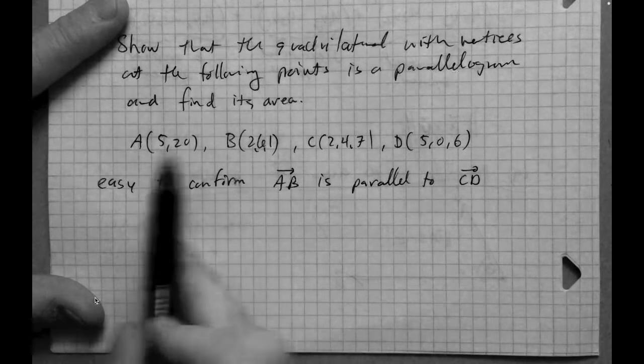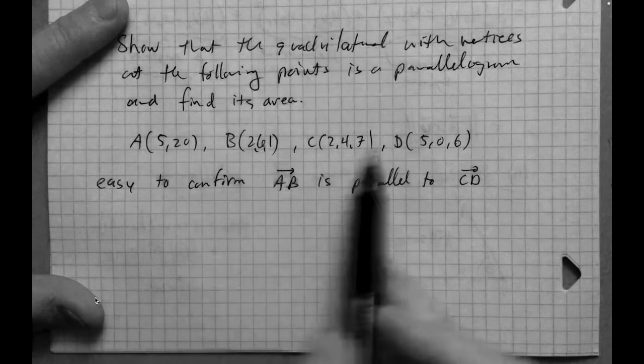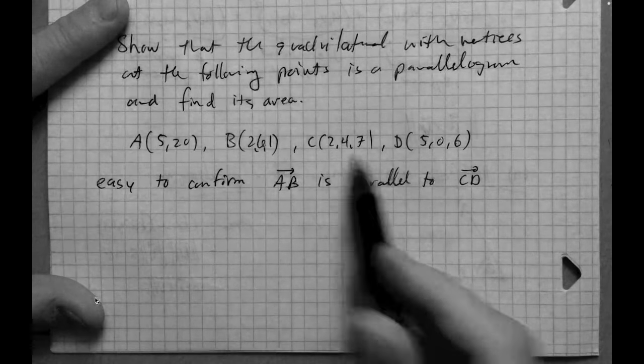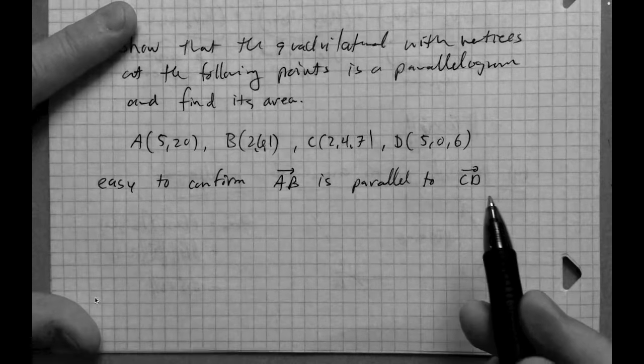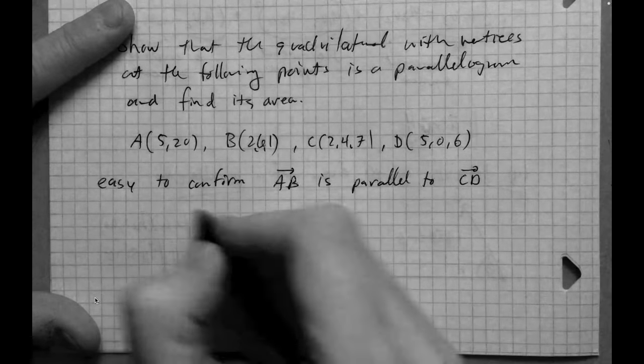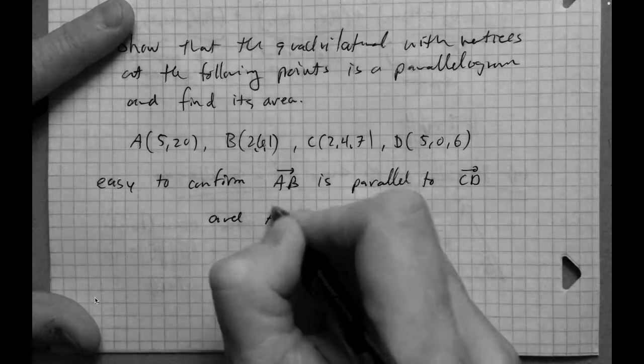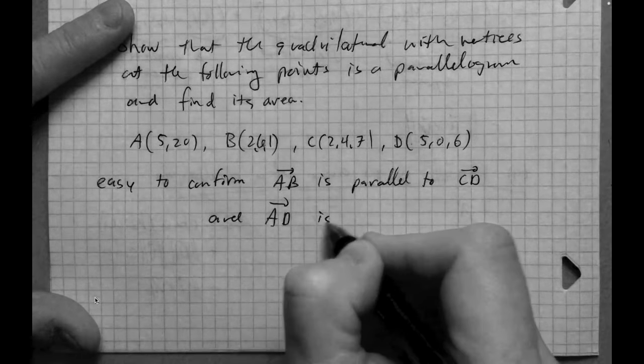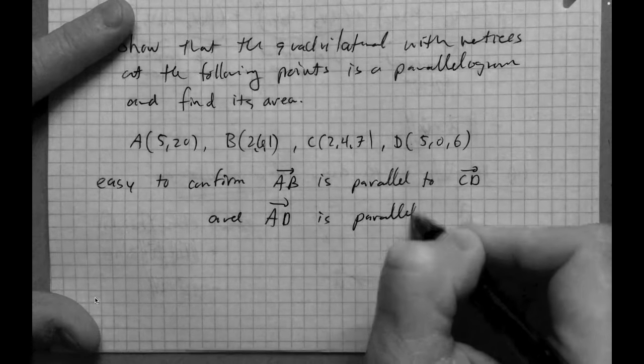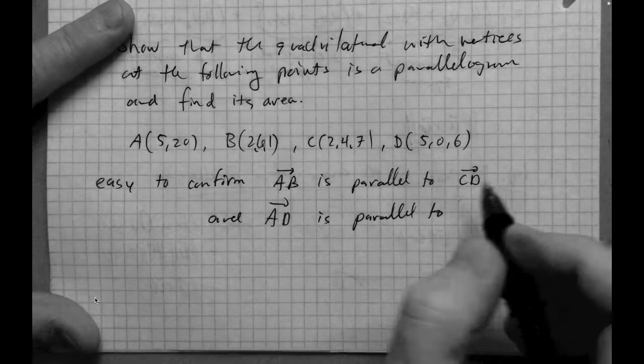So these two together form a line, and it's parallel to the line formed by these two as well. And if you take A to D, that's parallel to CB.